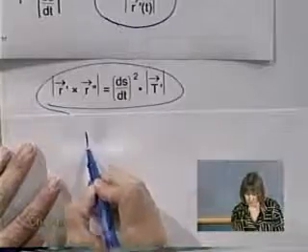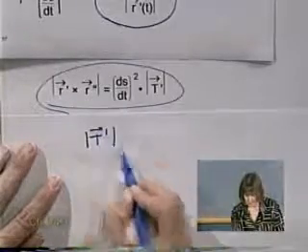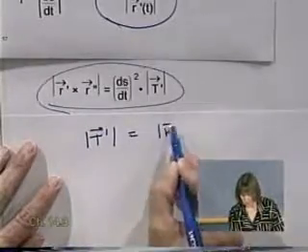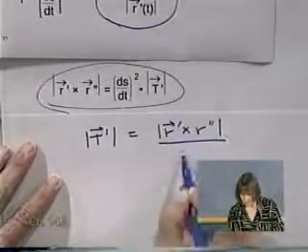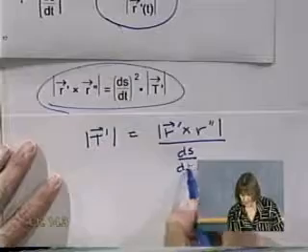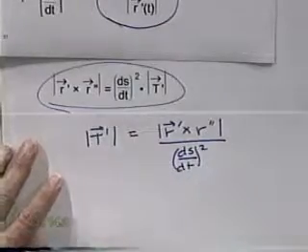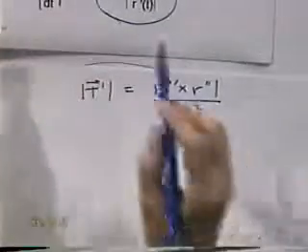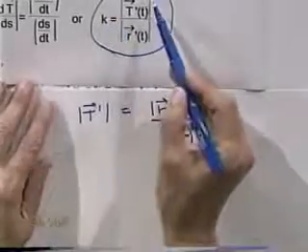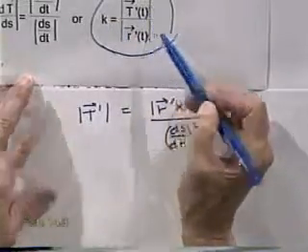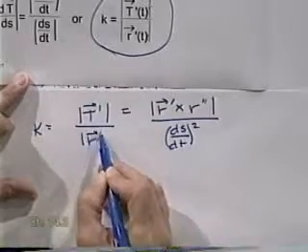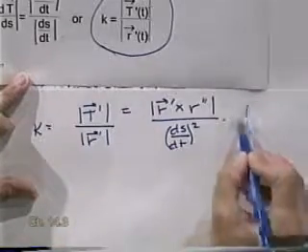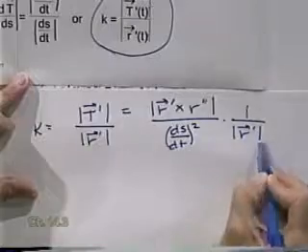The magnitude of T prime is equal to the magnitude of r prime cross r double prime over (ds/dt) squared. Now to get curvature, I need the magnitude of T prime over the magnitude of r prime. So to get curvature, I have to divide this side by the magnitude of r prime and this side by the magnitude of r prime.